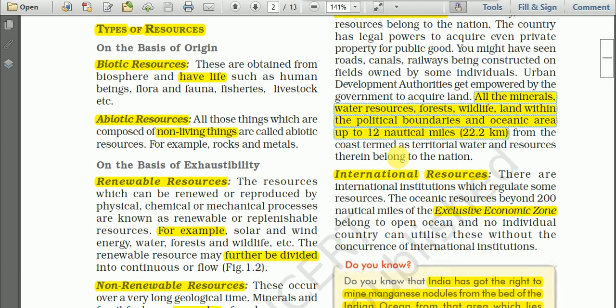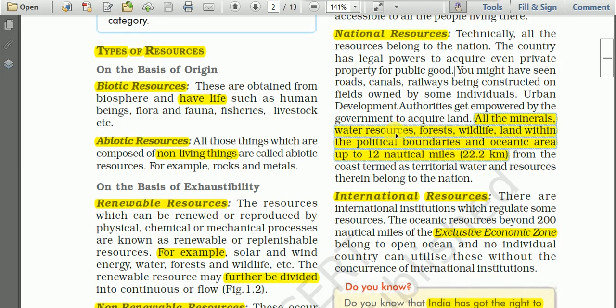All the minerals occurring within the country, all the water bodies like rivers, lakes, forests, wildlife, then land within the political boundaries, then oceanic area up to 12 nautical miles, that is 22.2 kilometers from the coastline. Remember, 1 nautical mile is equal to 1.8 kilometers. So these are examples of the national resources.